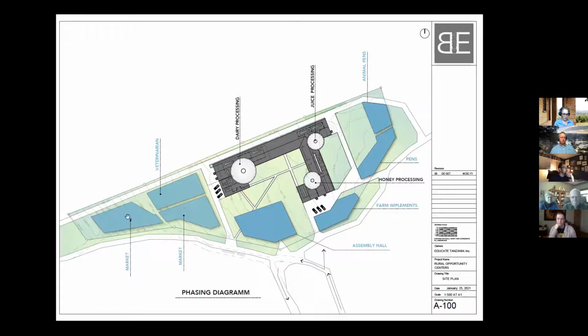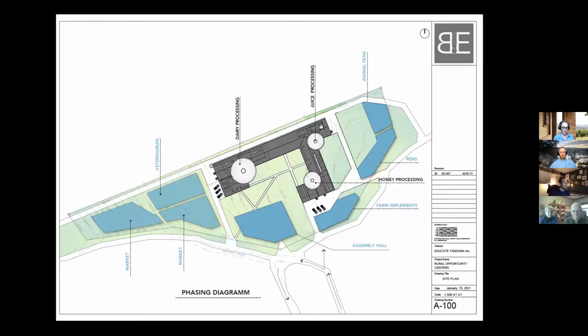So these blue shapes here represent some of the future planning that will happen. And we wanted to plan the current food processing facility, which is in the gray, with all of that in mind. So the honey processing, the juice processing, the dairy processing are all within this kind of L-shaped food processing facility.